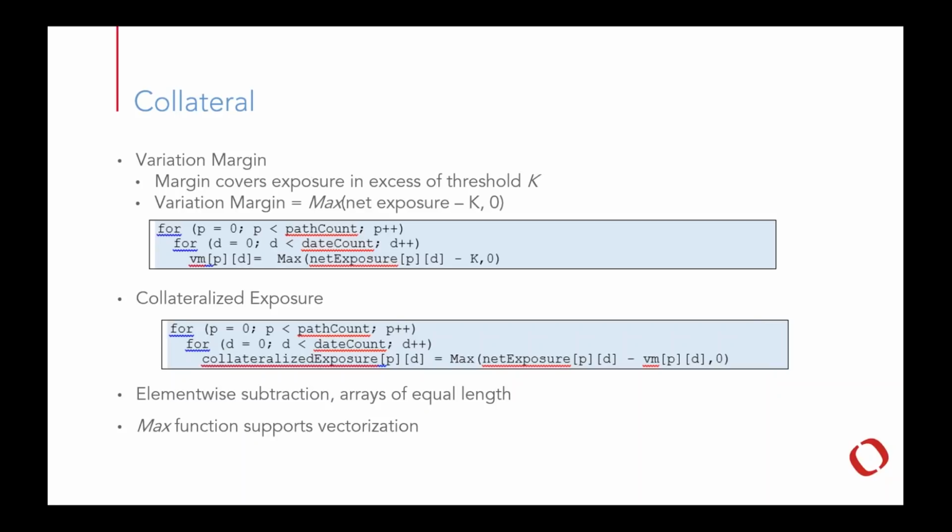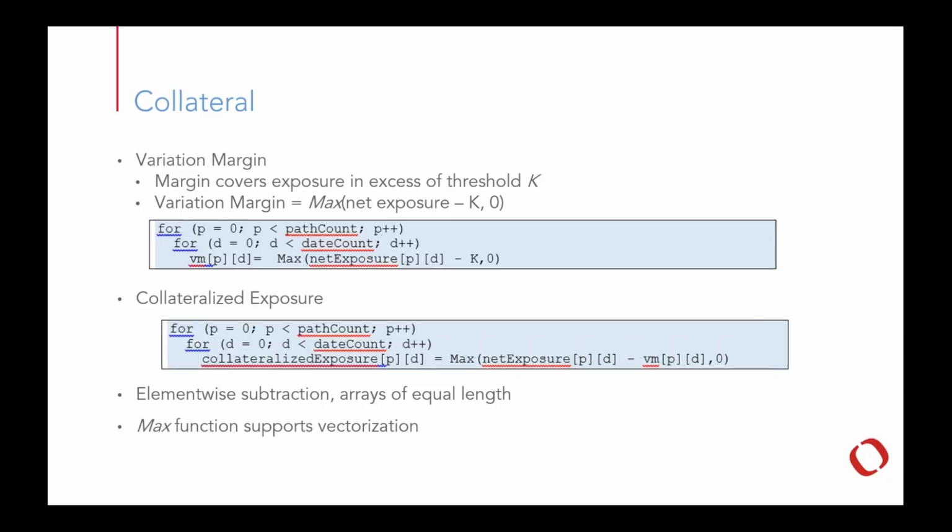So in this example, if the net exposure exceeds the threshold K, then we assume collateral gets posted. And so the variation margin, the margin amount, is just going to be the excess exposure above K. So net exposure minus K, or 0 if net exposure is less. So we do a max operation. And max is a nice simple function.